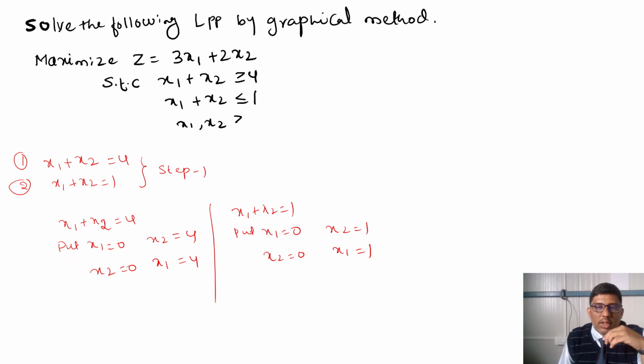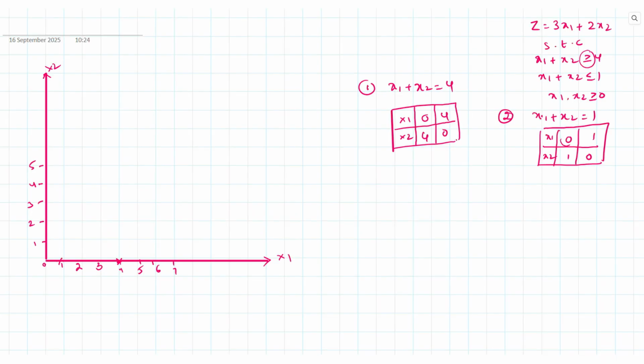Means we plotted all these things and we got a graph. Students, coming to this graph, we have taken the coordinates for both equations. This is the first equation, x1 plus x2 equal to 4. When x1 is 0, x2 was 4, and when x2 is 0, x1 value was 4.